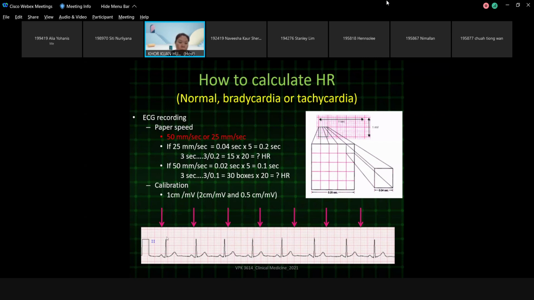So you have 1 complex, 2, 3, 4, 5, 6, 7. 7 times 20, what is your heart rate? 140. Okay, so let's say this is the paper speed. So the difference between the paper speeds is, this one I will have to do.